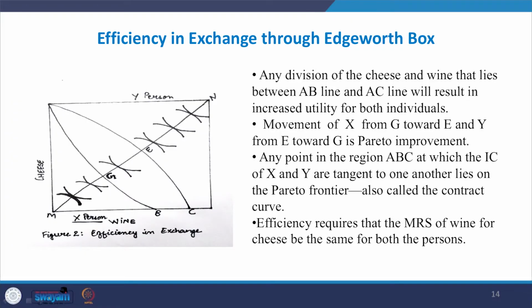This Edgeworth box is shown in this graph, and here on the horizontal axis wine is taken and on the vertical axis cheese is measured.